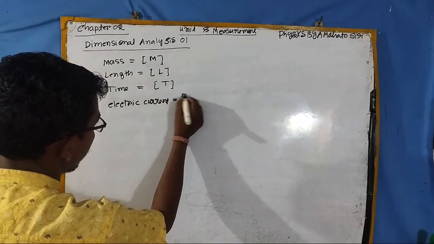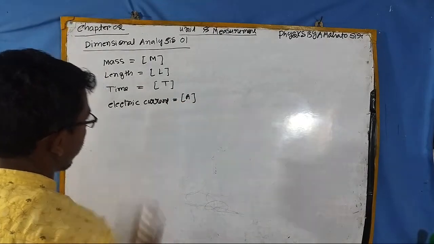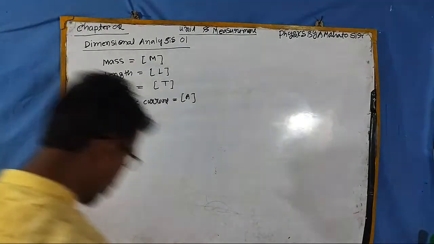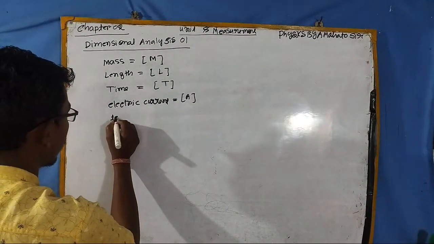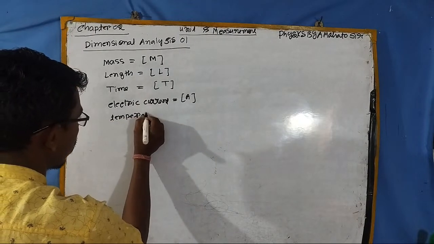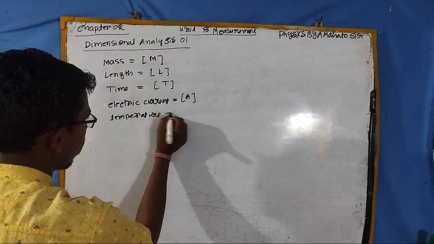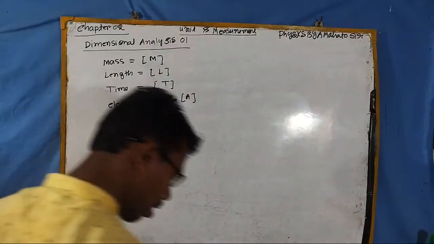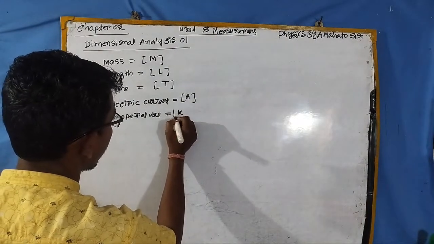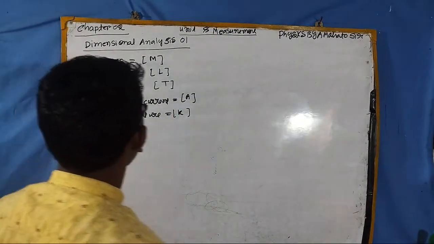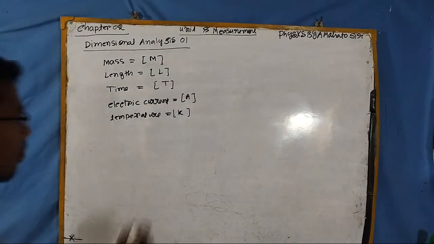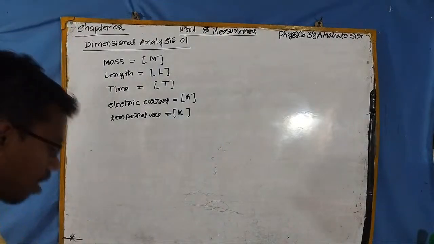Electric current is measured by A. Next, temperature. Temperature is measured by K.